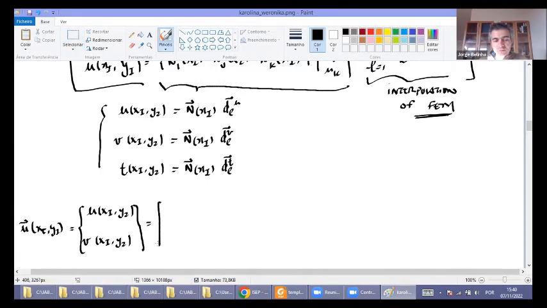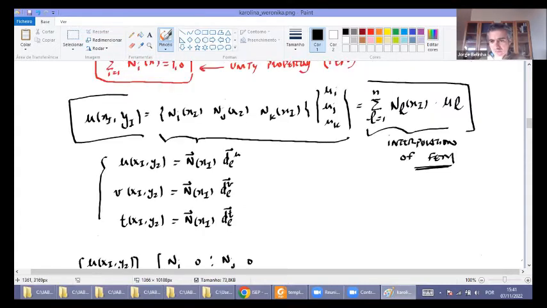If you make the following calculus, Ni, which is this one, 0, 0, the same. I am just putting this dashed line so you can see it appearing. Nj, which is this one. These are scalar values.